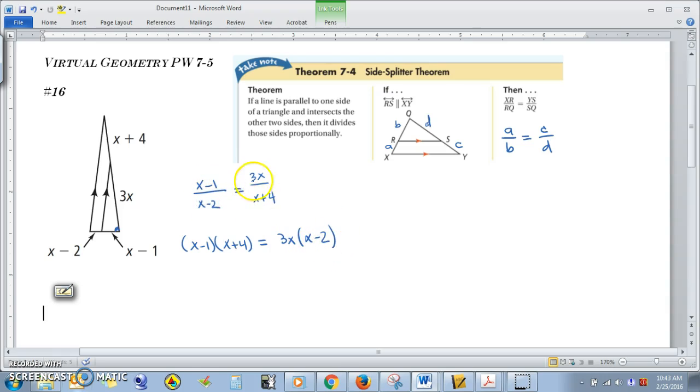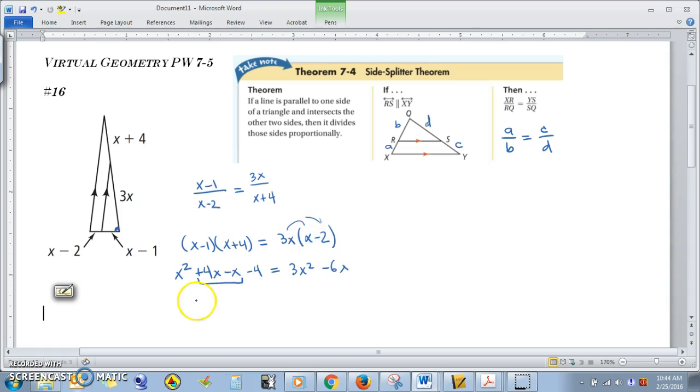Now if you set up your proportion a different way, that's fine. Once you cross multiply, you should get the same values here. So when I multiply these two binomials, I'm going to get x squared plus 4x minus x, and then minus 4, equals 3x squared minus 6x.